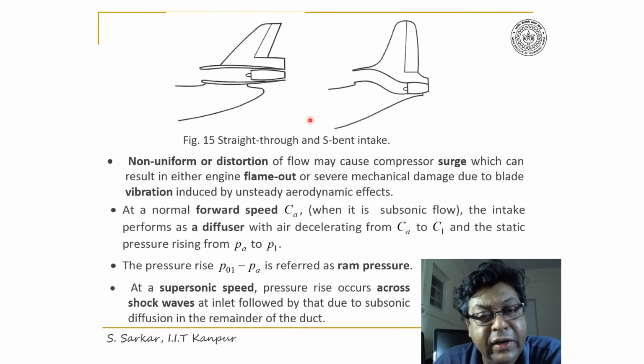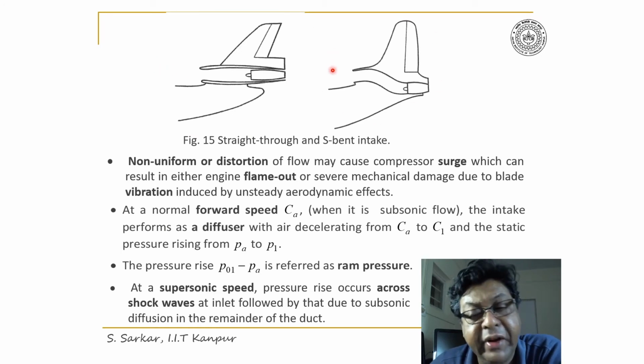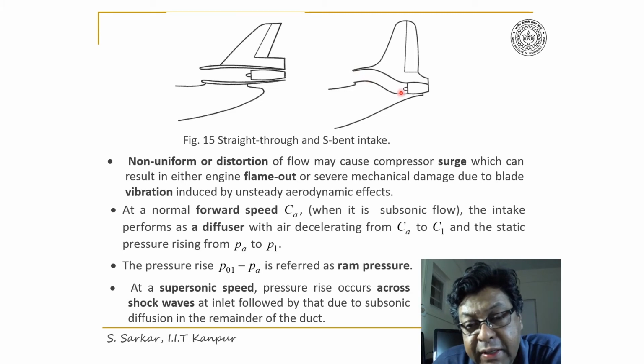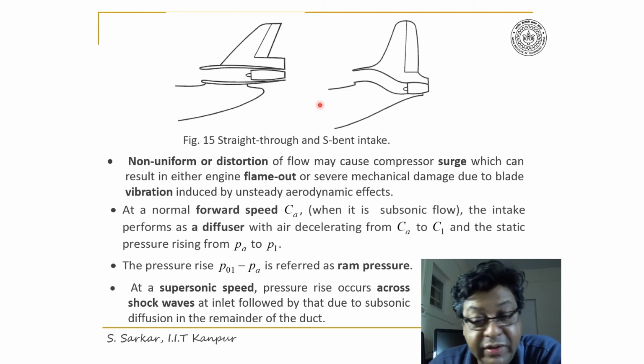The schematic of a straight and an S-bend intake has been illustrated in figure 15. Now, S-bend intakes often produce flow distortions before the compressor, which is not desirable at all.